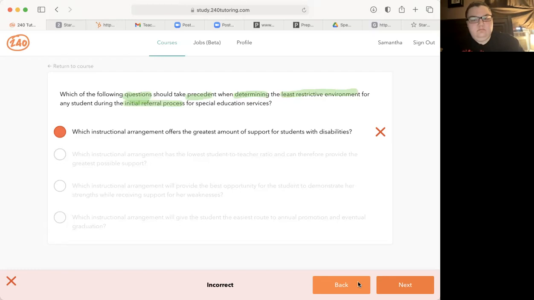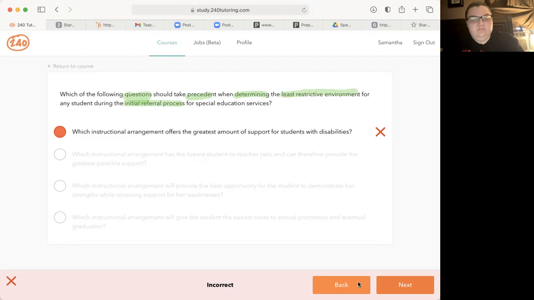So I would say the following question should take precedent. I would say C is the best because you want to think of the student as growing as a person, right? Each of our students is not just a number, with the easiest route so that they can get promoted each year and graduate on time. They're people, and we want to give them the best opportunity to increase their strengths, and also support their weaknesses and maybe even turn those weaknesses into strengths.